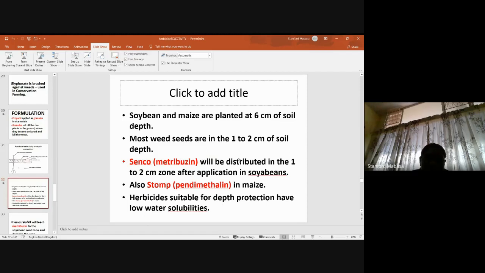This can also apply to Stomp or pendimethalin in maize. This is how selectivity can be achieved in these 2 herbicides. Please note that the herbicides suitable for depth protection have low water solubilities. They cannot easily be dissolved in water.